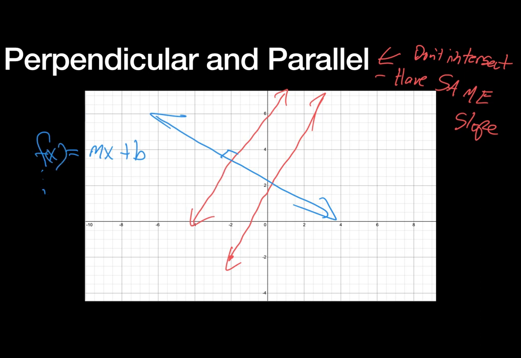If I have another function, g of x equals m2 x plus b2, with m1 and b1 for the first line. If they are perpendicular, m1 times m2 is equal to -1. So again, if you have them in slope-intercept form and I look at the 2 slopes and multiply them, they equal -1, then I know that the 2 lines are perpendicular.